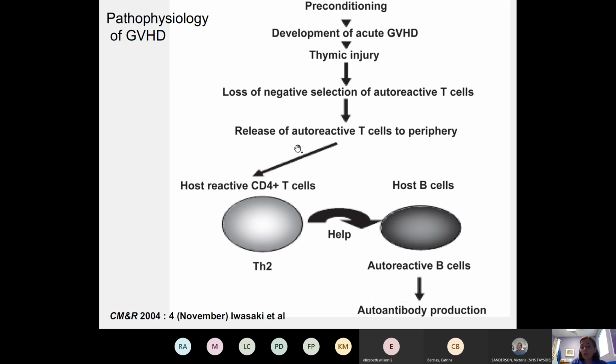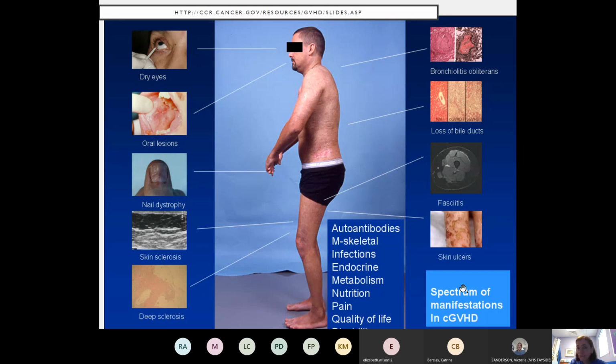So you get release of these autoreactive T cells into the bloodstream, and they hype up your CD4 cells. So these CD4 helper cells help activate host B cells to produce autoreactive B cells and autoantibodies.